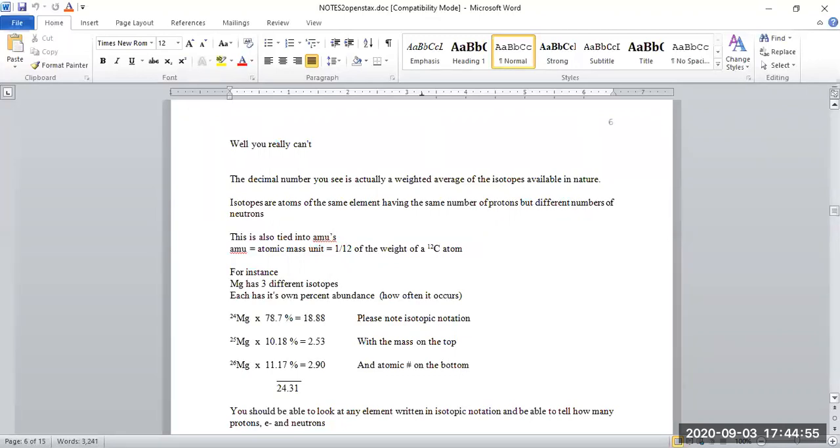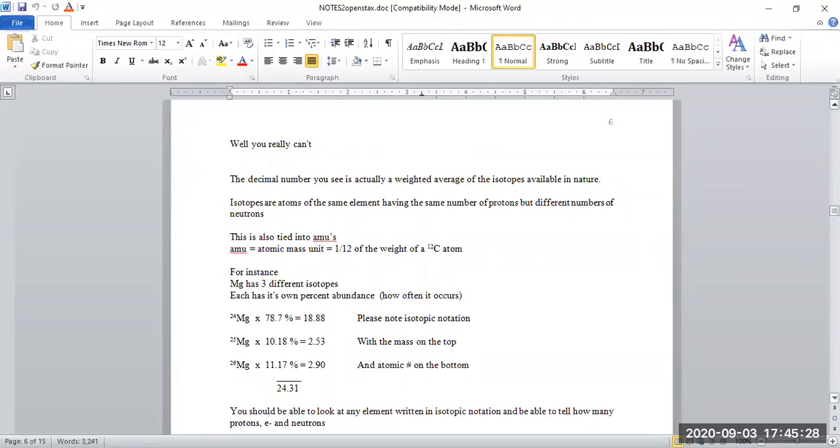And then there's a very bizarre radioactive version of hydrogen that has 2 neutrons, 1 proton, and 1 electron. If you look at the decimal number under hydrogen, most textbooks will list it as 1.008. So not exactly 1, because there are these other 2 isotopes.